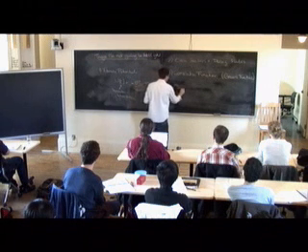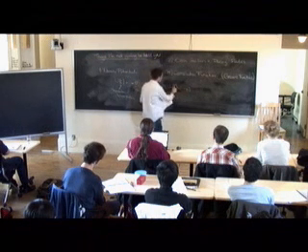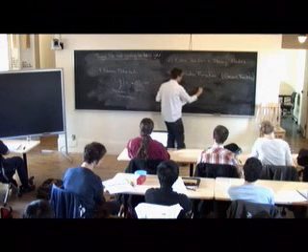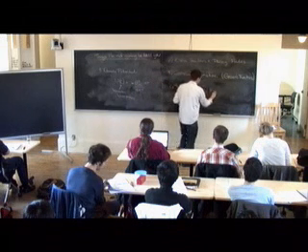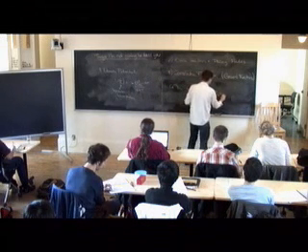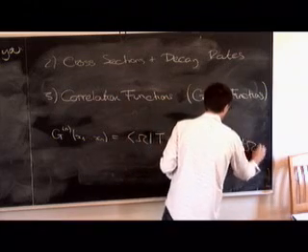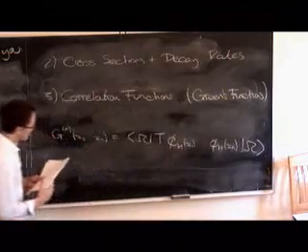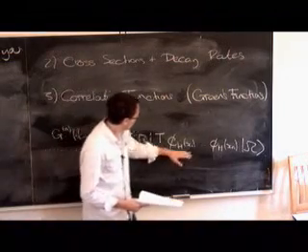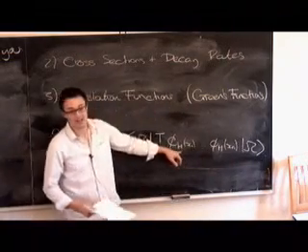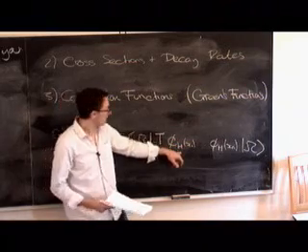So a correlation function, also known as Green's functions, sometimes known as n-point Green's functions, are the following. Okay, so again, it's a time-ordered product, but it's objects in the Heisenberg picture, now not the interaction picture.